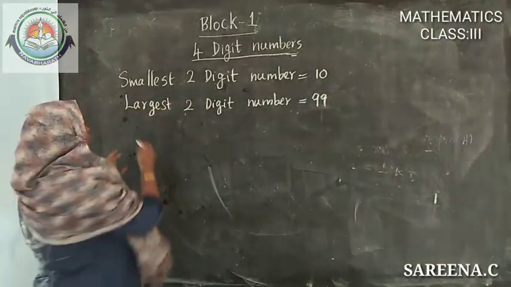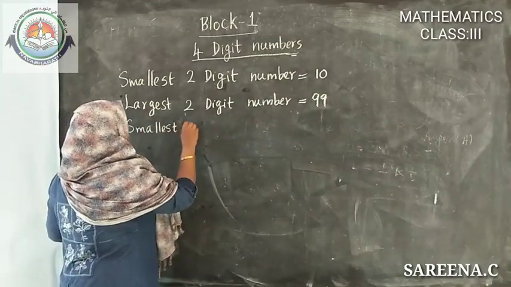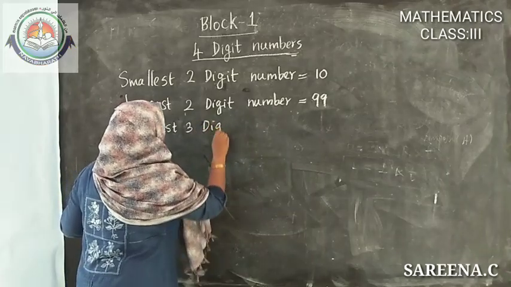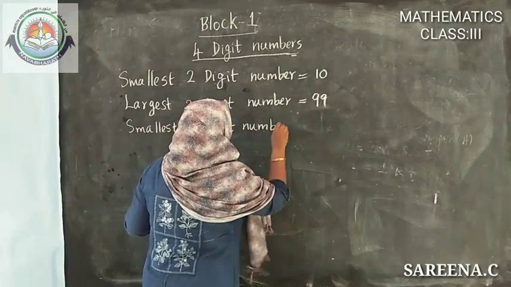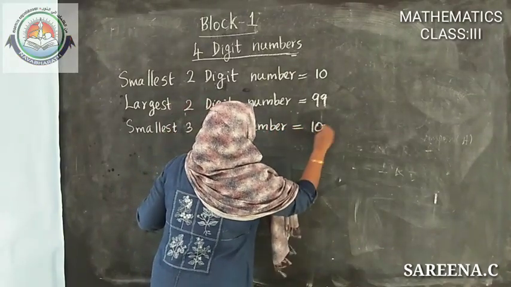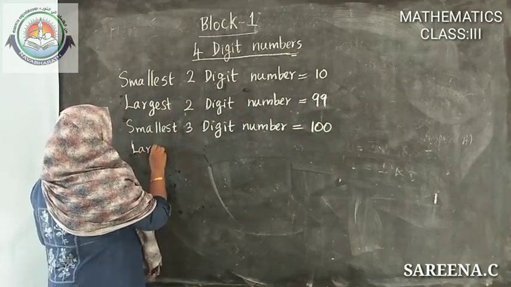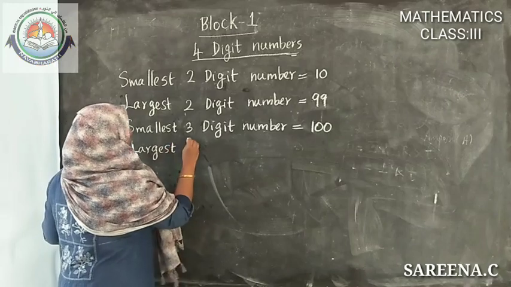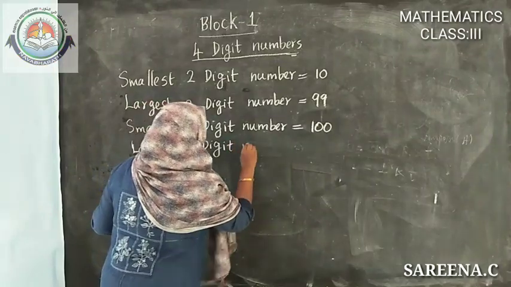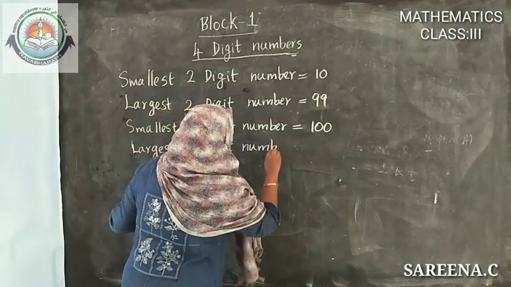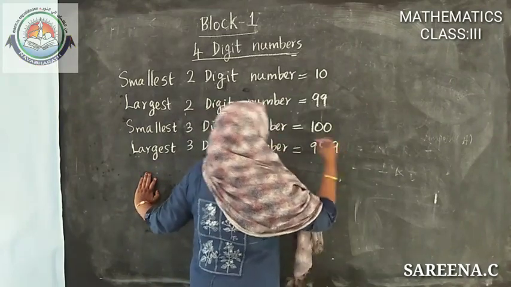The smallest 3-digit number is 100 and the largest 3-digit number is 999.